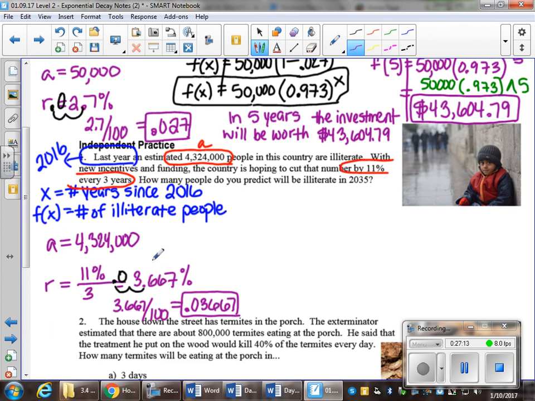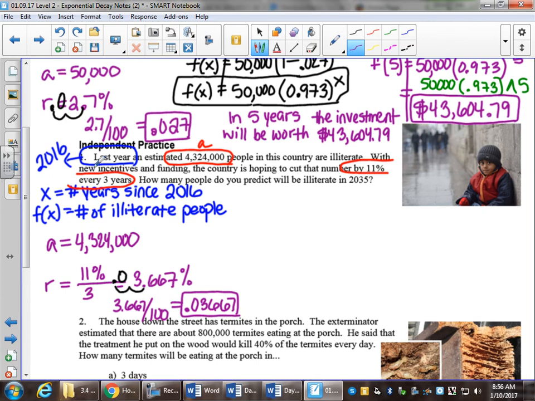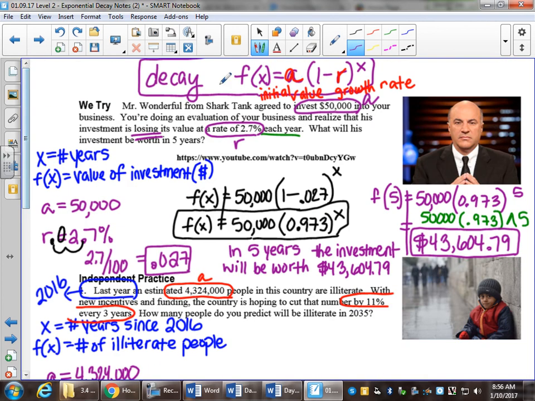We've got A, we've got R. We now need to build our model. I'm going to follow this exactly. So look at the top of your page. That's exactly what we're going to write. So you try first.